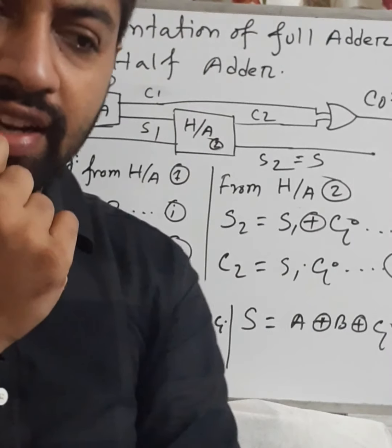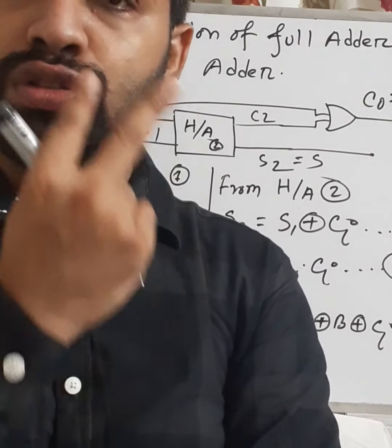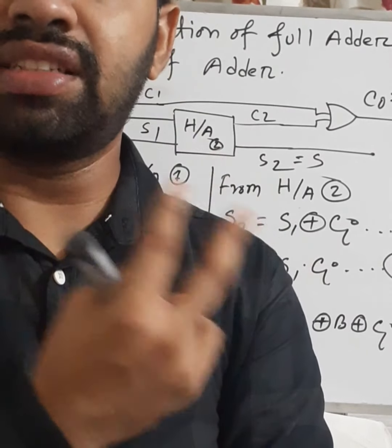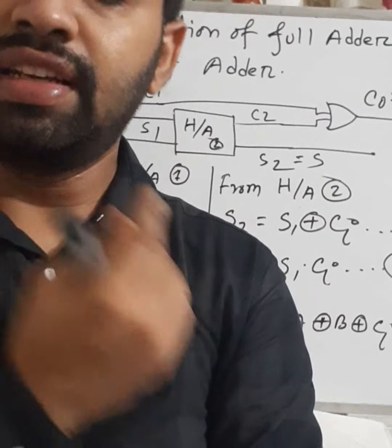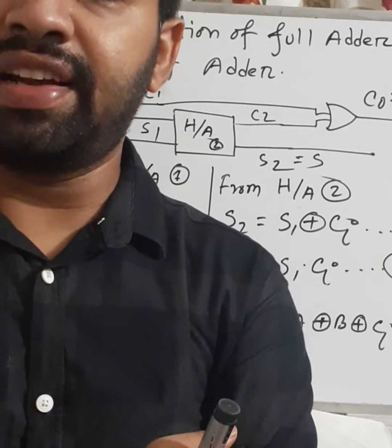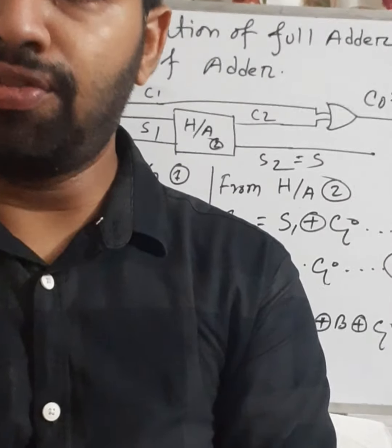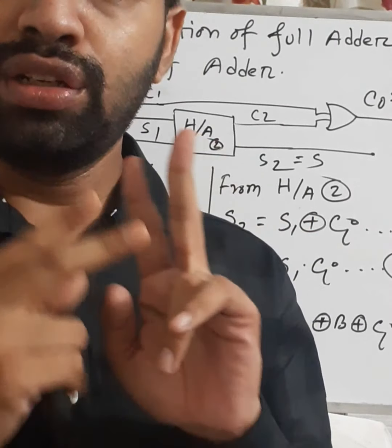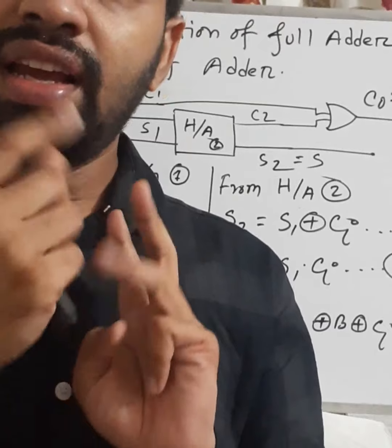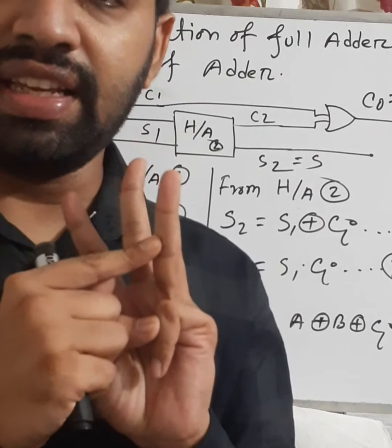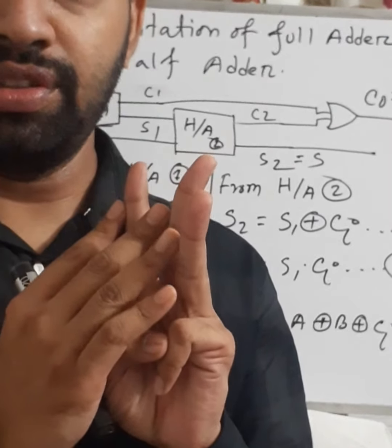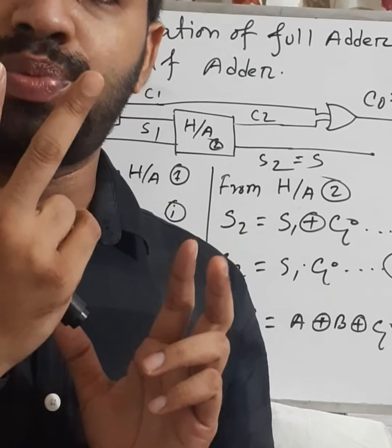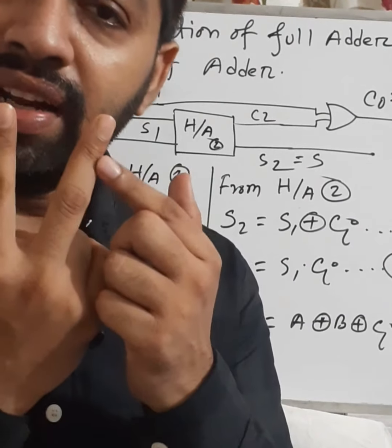Half adder means: if an adder takes 2 inputs and simultaneously produces a sum and a carry, we consider it a half adder. And a full adder is a circuit that can add 2 bits A, B and a carry bit C, that means 3 inputs, and produce 2 outputs, sum and carry.